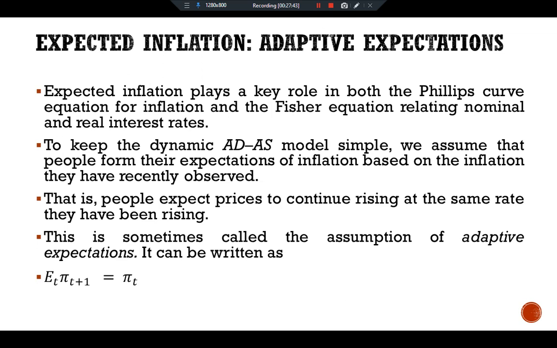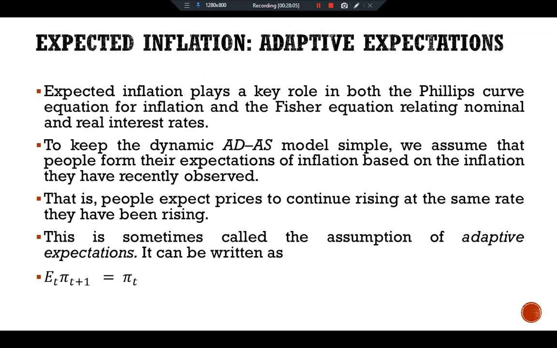Incorporating rational expectation into the model is, however, beyond the scope of this video here. The assumption of adaptive expectation greatly simplifies the theory here without losing many of the model's insights.